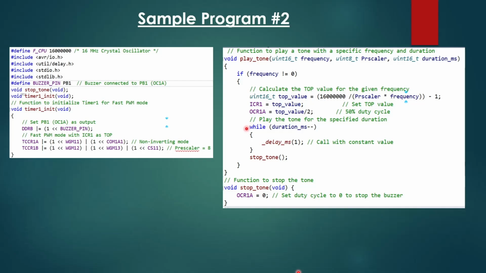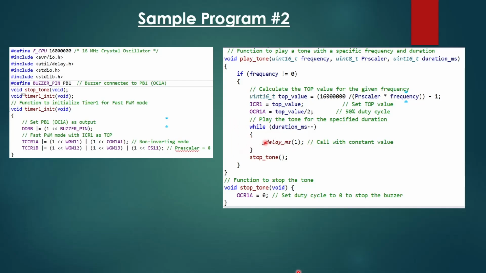Now we have to figure out how long we're going to do that for. So we have a requirement, a particular duration. What we do is have a while loop which says duration minus minus. So it's going to decrement one unit each time it goes around.